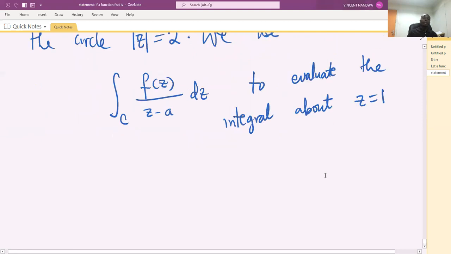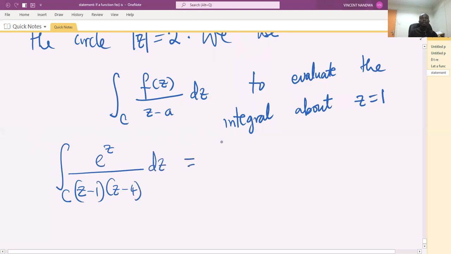Now, the integral along C, we had e raised to the power z over (z minus 1)(z minus 4) dz. Because z equals 1 was obtained by equating this linear factor to 0, we have to eliminate this one in the denominator so that our integral has this general structure.